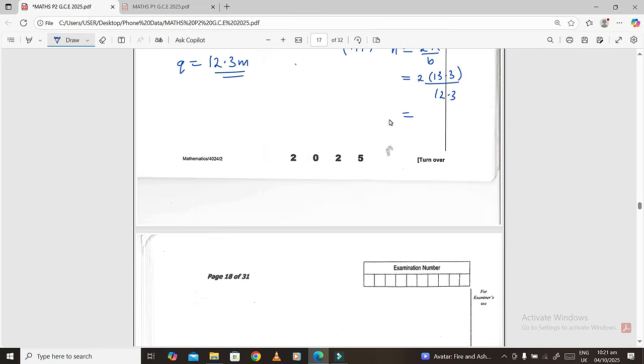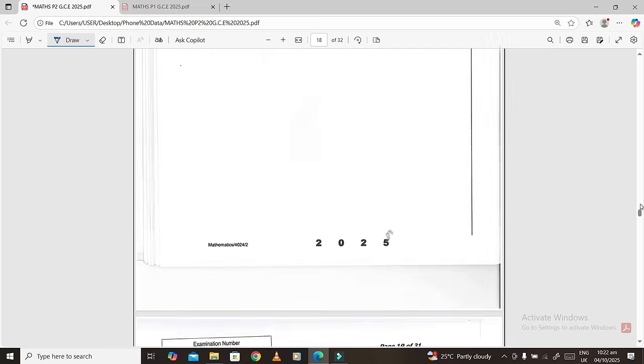So when we work out there, 2 times 13.3, this of course is giving us 26.6. So 26.6 over 12.3, divide by 12.3. This is giving us 2.16 meters. That's the answer. We now go to the next question.